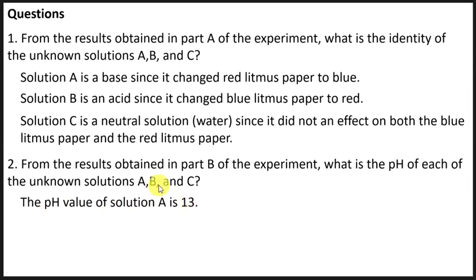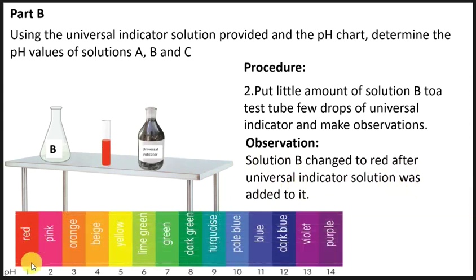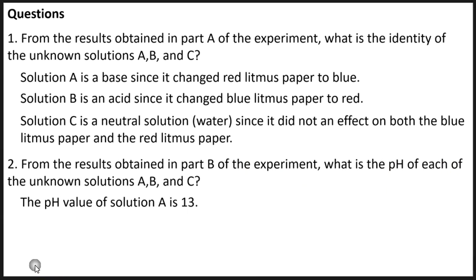Okay, now we move to B. We'll go back to the results for B in part B also. Here we see that solution B changed to red after universal indicator solution was added. So we'll look at the red on the chart and see what pH value it has. It is 1. So we'll say the pH value of solution B is 1.